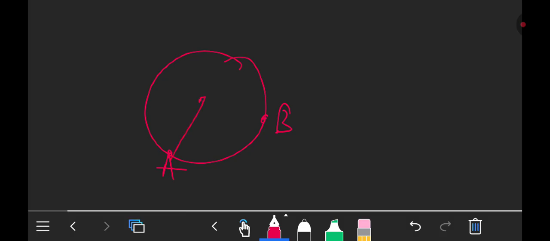I can create an angle there between A and B. This object will be following this path, which is circular. But at this point, the velocity will be in a straight line direction.